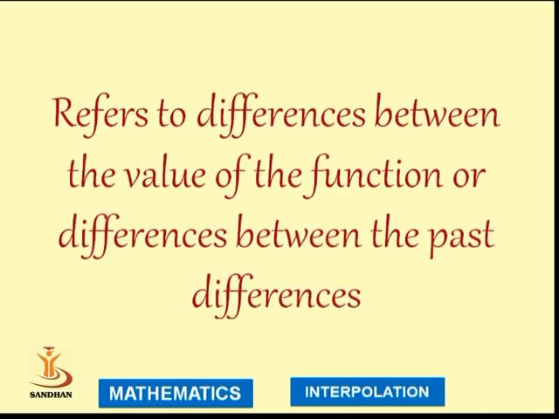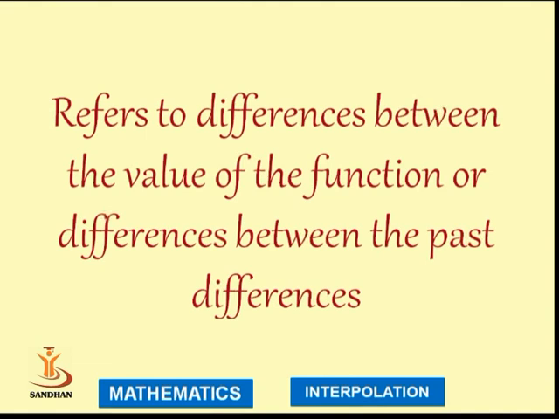Now, what are finite differences? They refer to differences between the value of the function or the differences between the past differences. So, any difference. Now, when I talk about differences between the value of the function, what does it mean? Given the points x1, y1, x2, y2, x3, y3 and xn, yn, our yi's represent the value of the function at xi's.